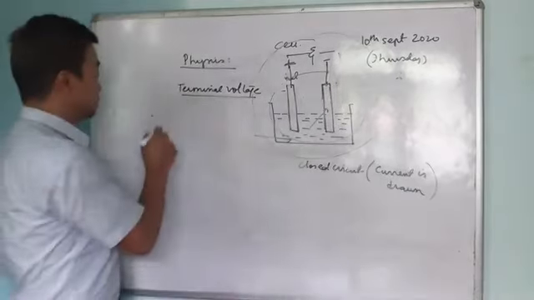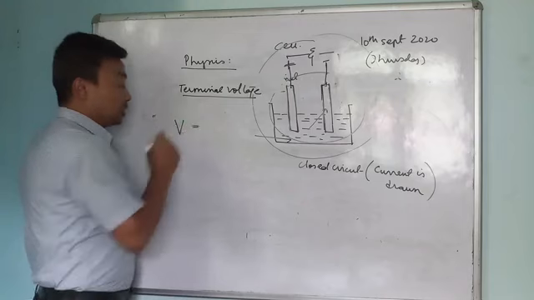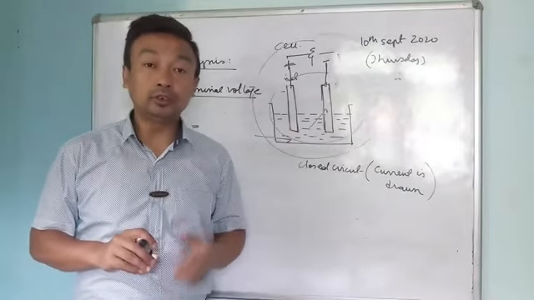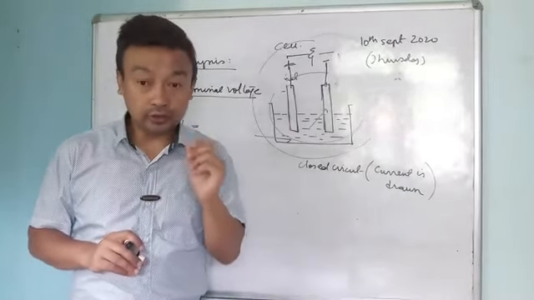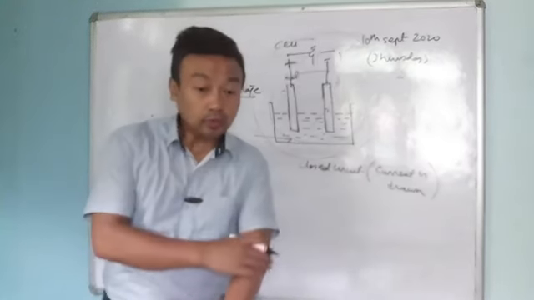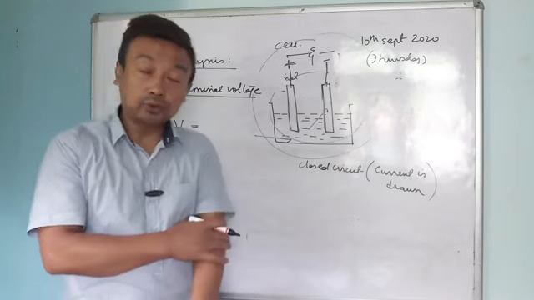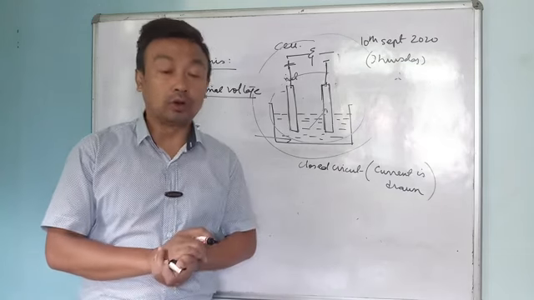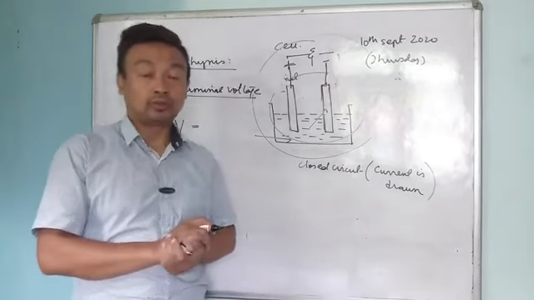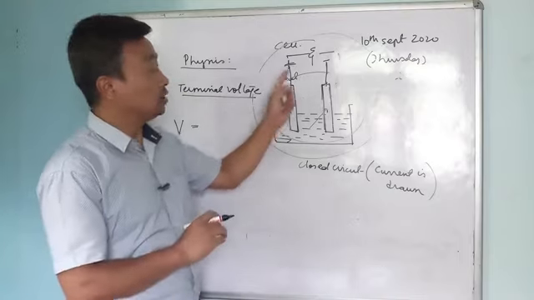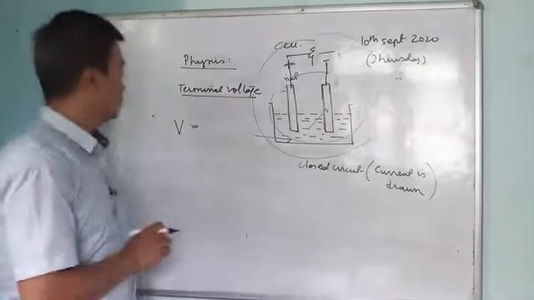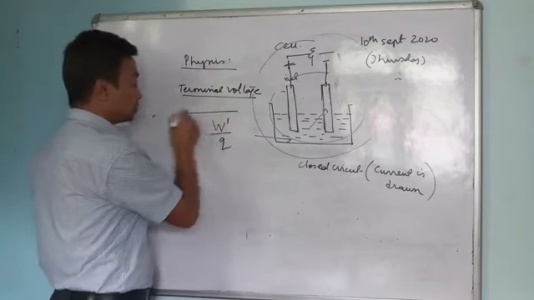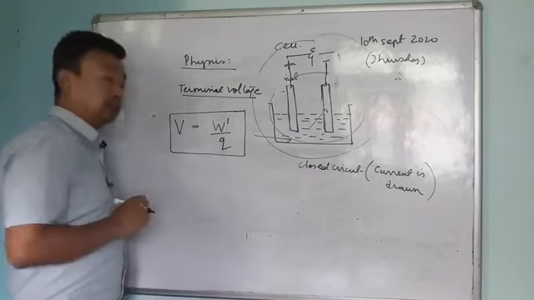So the terminal voltage is defined as the work done per unit charge in carrying the positive test charge through the external circuit or outside the cell. So the terminal voltage we can write down as W dash by Q. Why this W dash?